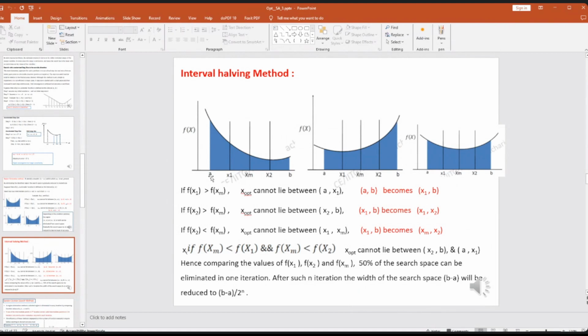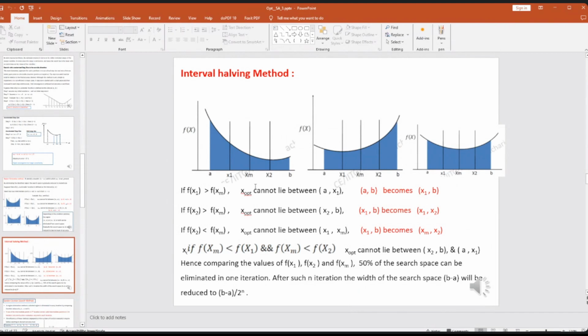Now, taking a, x1 and xm, you can eliminate either x2 to xm or a to x1, because earlier we have discussed that if we take 2 intermediate points, then one of the regions can be eliminated when we compare. So suppose first we are checking this interval. a and x2 is the interval, x1 and xm are the intermediate points. Checking whether f(x1) is greater than f(xm), either a to x1 or xm to x2 can be eliminated.